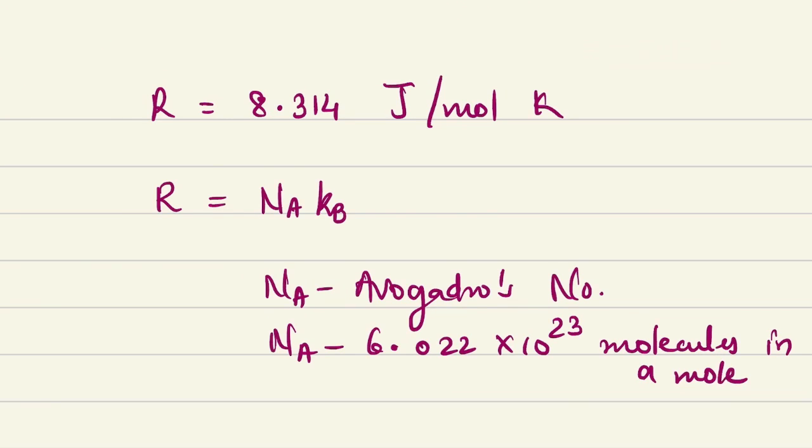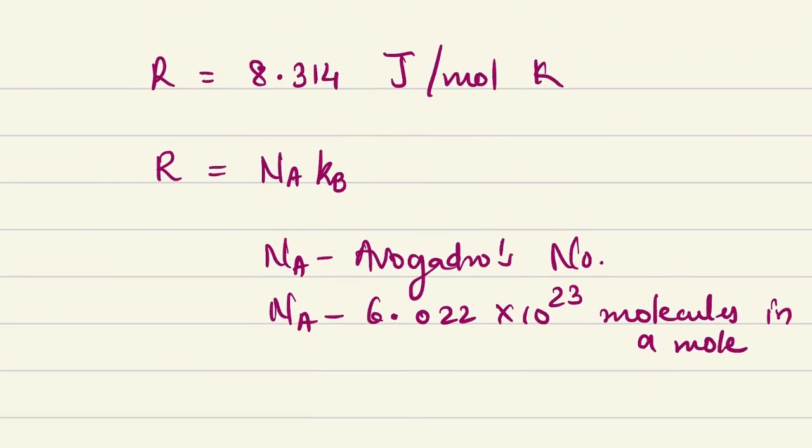So every mole you take, of any substance, the number of molecules present in that one mole is always 6.022 into 10 raised to 23. So this is called Avogadro's number.